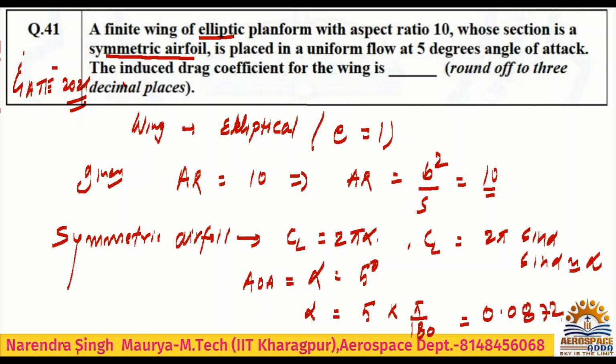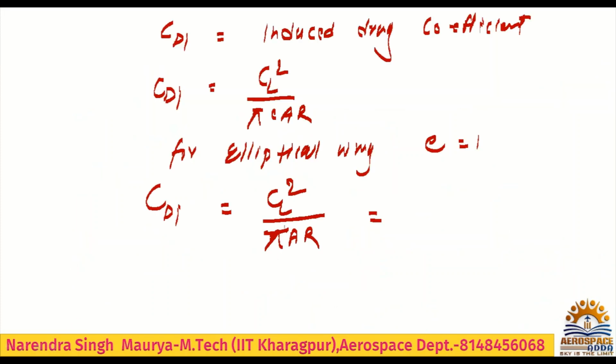Okay, you need to check this value. 0.0872 approximate, so this is the alpha. Now it is in radians. Now this radian value only you can use in this formula. So CDI will be (2 pi alpha) square divided by pi AR.